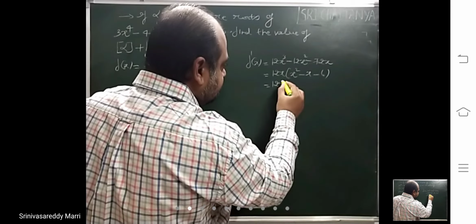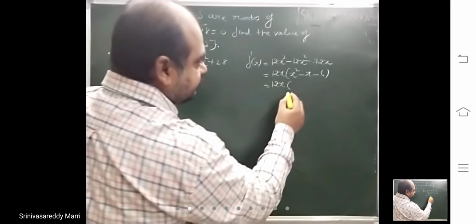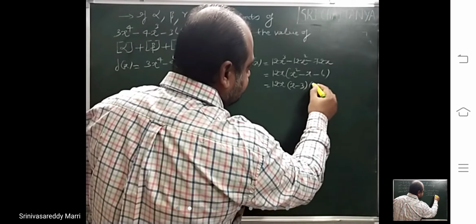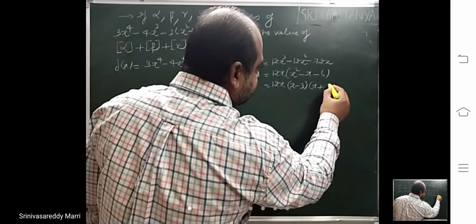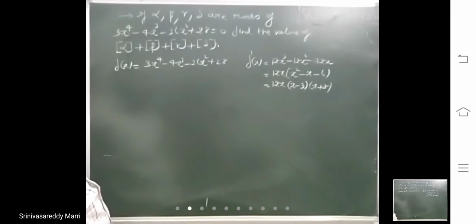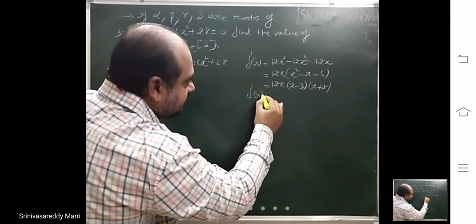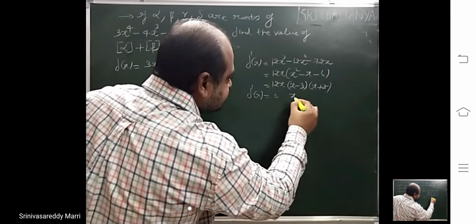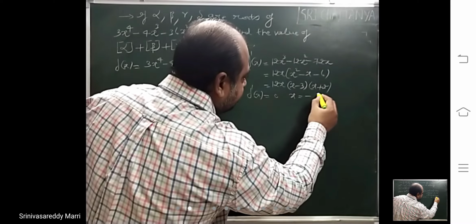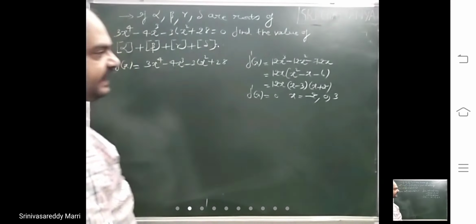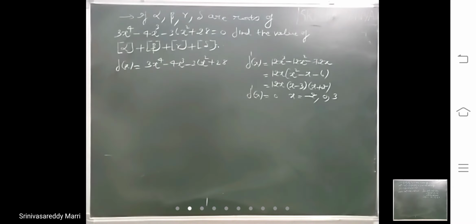Factorize: 12x into x minus 3 into x plus 2. Now f dash x equal to 0 implies x equal to minus 2, 0, 3. These are the critical points.